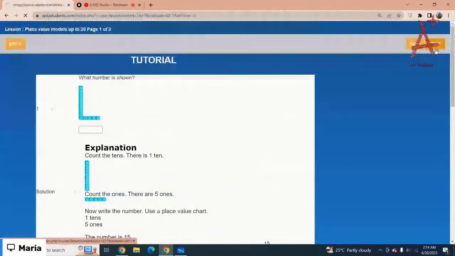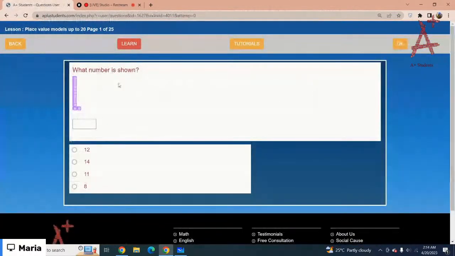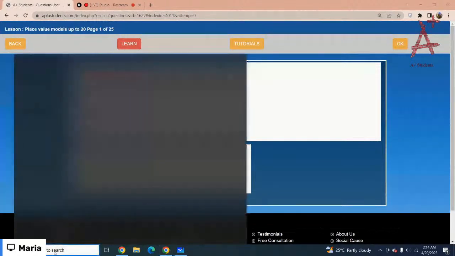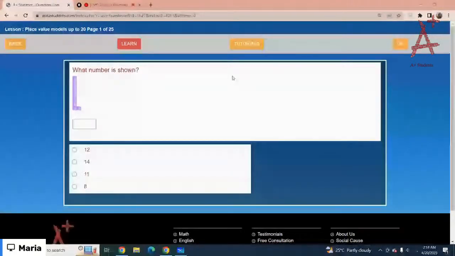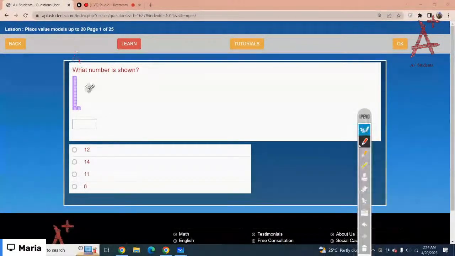Okay. Which number is shown? So which is the correct option? 12, 14, 11, and 8. You have to count the blocks in the horizontal position, and then count the ones. These are at the tens position.